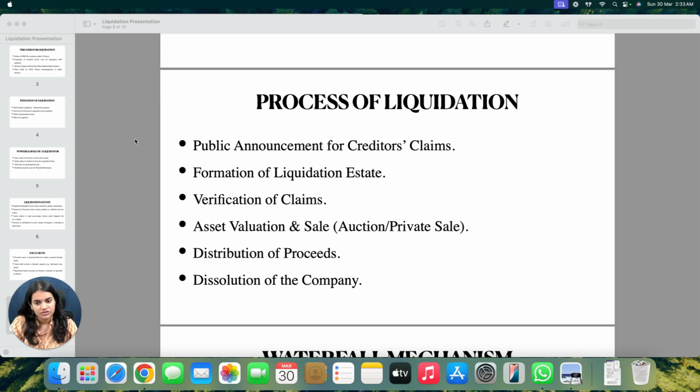Just like in the case of an information memorandum, wherein the committee of creditors and the resolution applicants, whoever are entitled to receive the information memorandum, shall also share the confidentiality agreement.